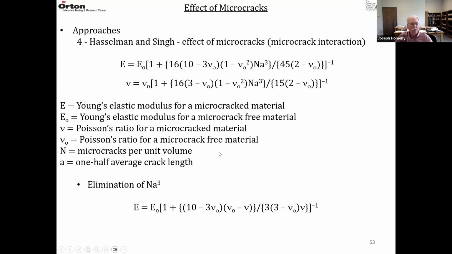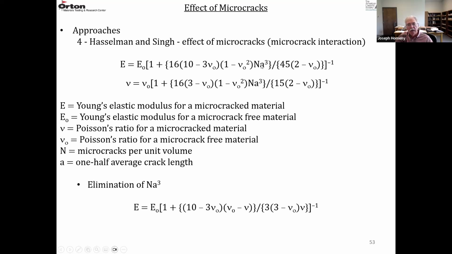And then the last approach here is by Hasselman and Singh. Again, it accounts for microcrack interaction. So this equation has E0, nu zero, again, Na cubed. And then he has an equation for the effect on Poisson's ratio, which includes nu zero and Na cubed again.